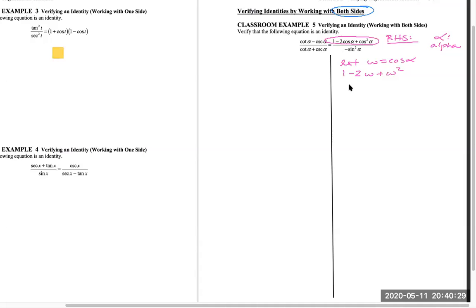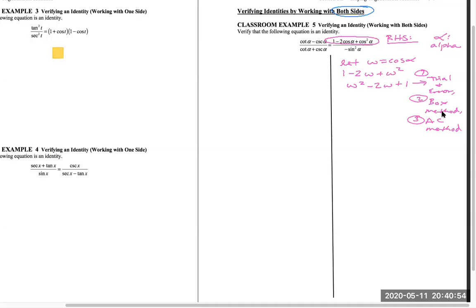You can rearrange that to be W squared minus 2W plus 1. You can factor using either trial and error, the box method, or the AC method. If you need help with those, let me know. I can bring some extras.